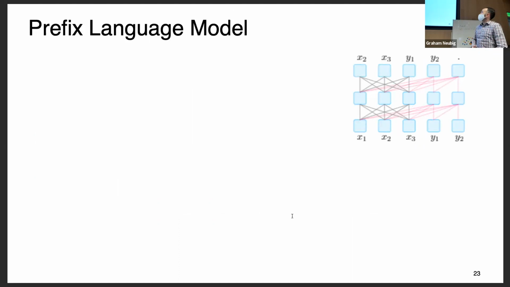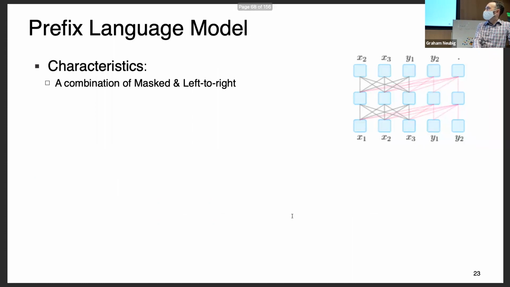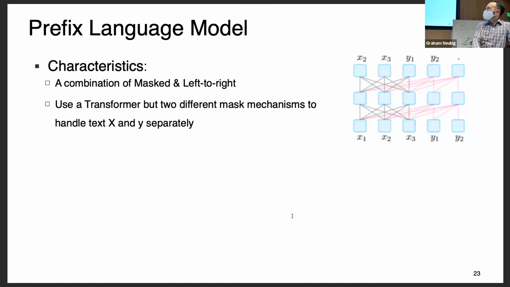So a prefix language model is kind of a combination of a left to right language model and a masked language model. Basically you use a single transformer, but you use two different masking mechanisms to encode the X side, the input, and the output.